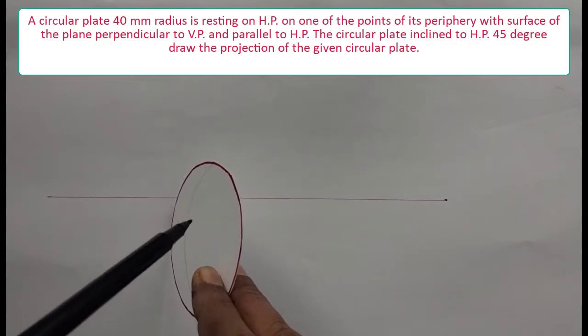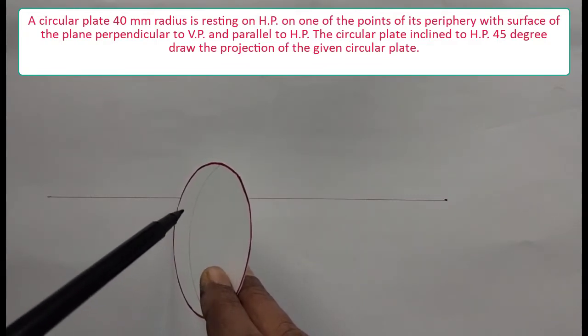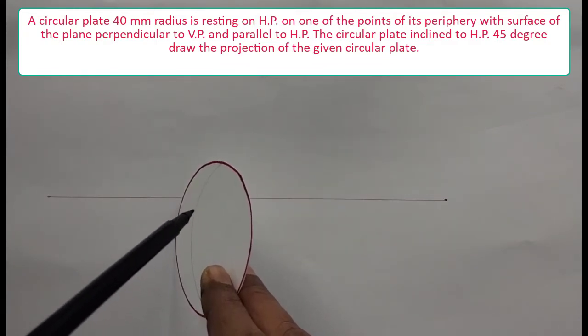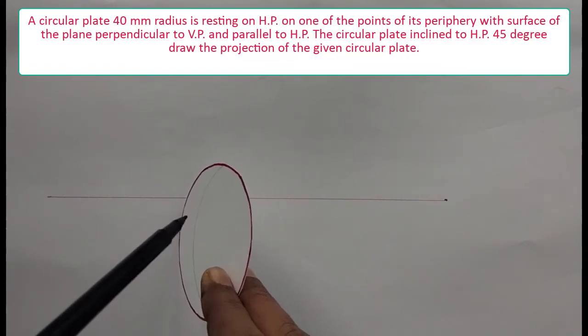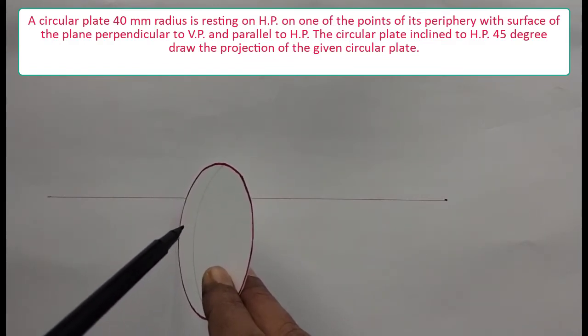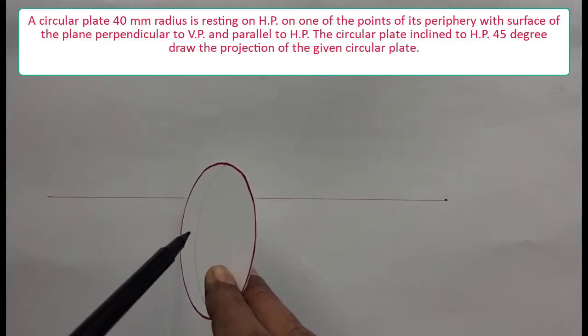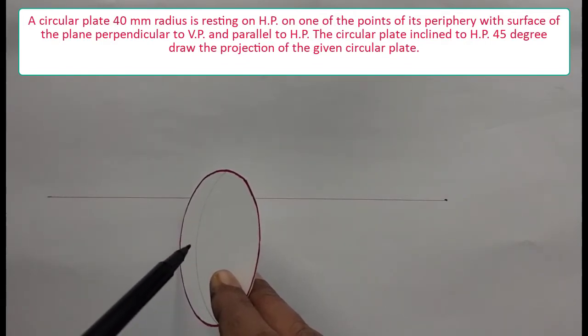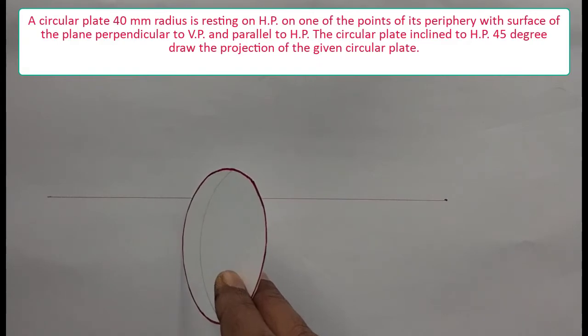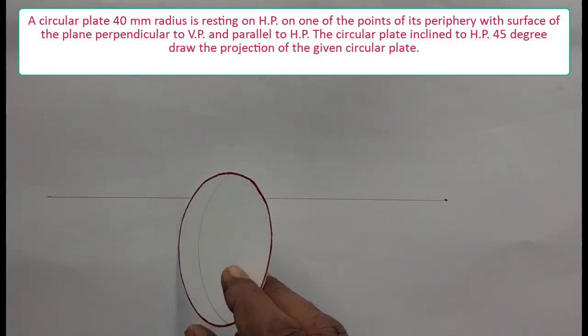So the top view of the plate is a surface, but it is not exactly a circle. The true shape of the plate is going to change in my top view when the plate is inclined to HP.